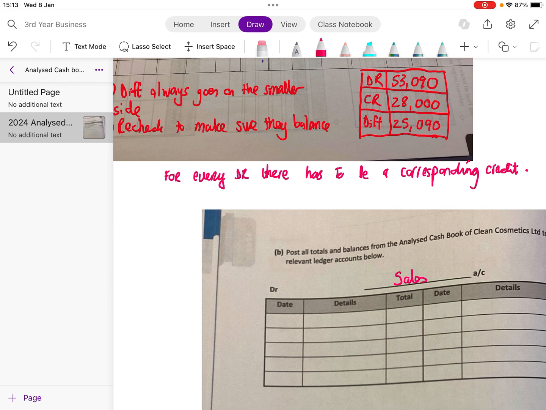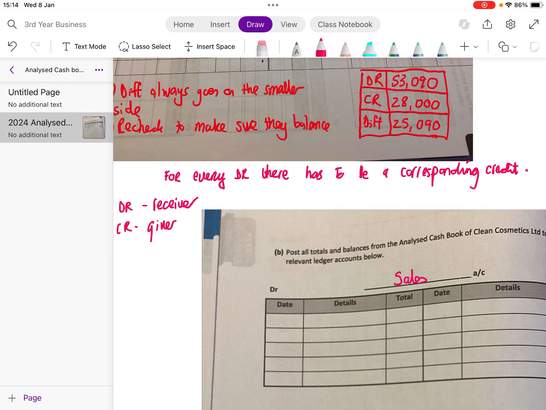There's two ways of thinking about that. That's just a rule to learn, girls. If you're trying to understand why that is a debit and why that is a credit, this might also help you. Essentially, I am debiting the receiver and I'm crediting the giver. Every time a transaction happens in accounting, you are receiving something, but you are also giving something away.